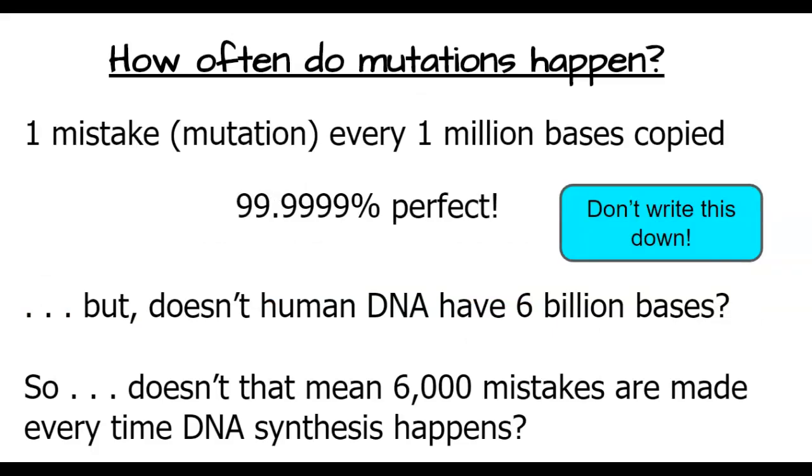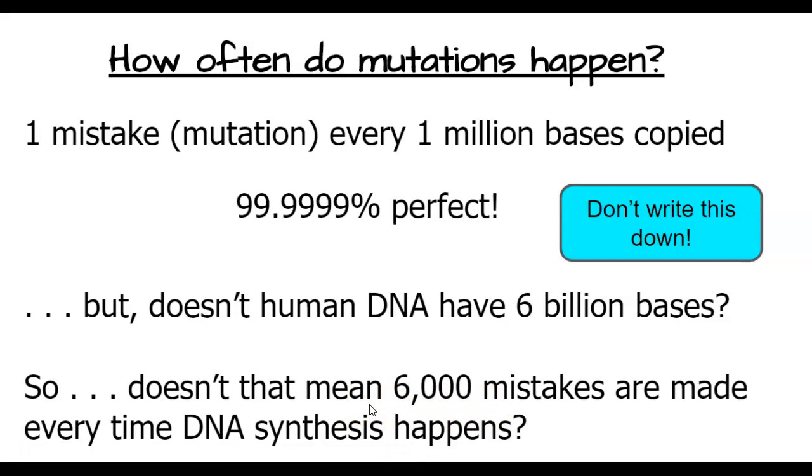You do not need to write this down. How often do these mutations happen? Typically, there's one mutation for every 1 million bases copied. So it does a pretty good job. But remember, we have 6 billion bases, which means every time we copy DNA, there would be 6,000 mistakes happening.